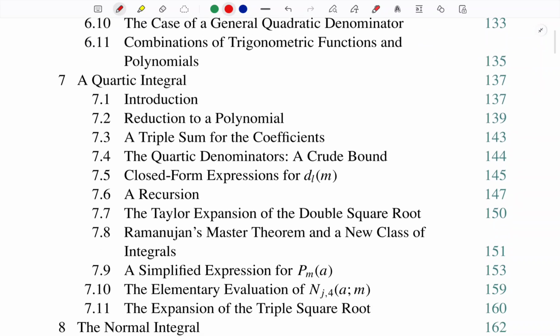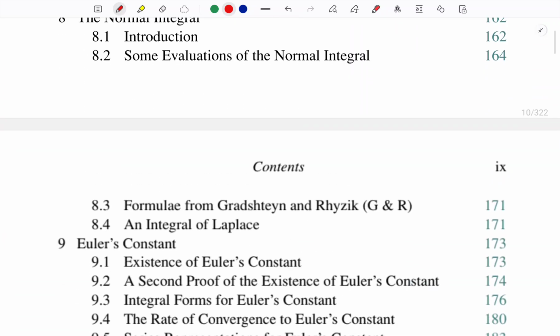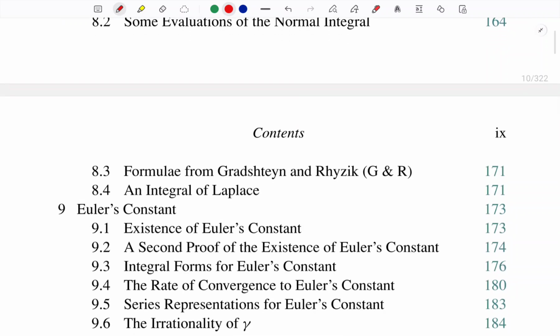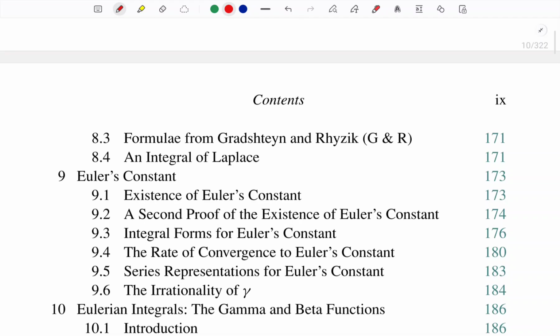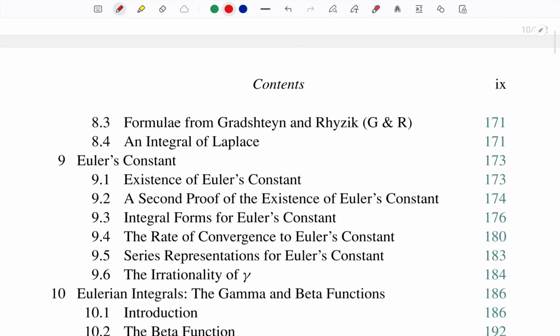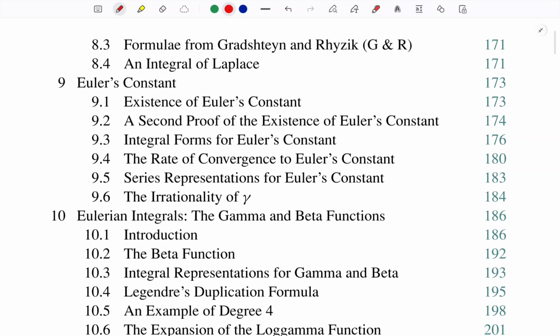Okay, I think I should move to chapter 7: Euler's constant, existence of Euler's constant, the second proof of existence, the integral form of Euler's constant, the rate of convergence of Euler's constant.